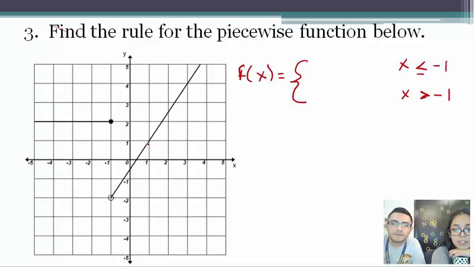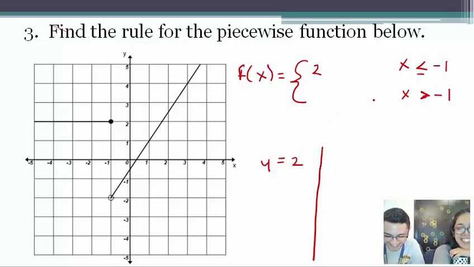For the equations, the equation for the line on the left is y equals 2. It has no slope. Easy peasy. Lemon squeezy. Okay, so for the line on the right, the line on the right actually does have a slope.